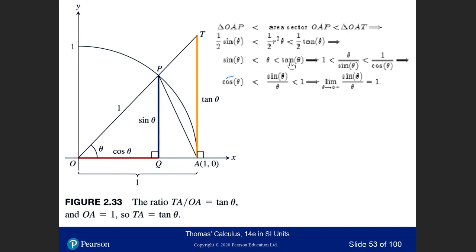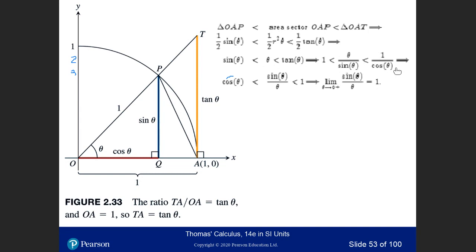Here r is 1, so r squared is 1. Now I can divide everything by sine theta. So we have 1, theta over sine theta, and for the tangent, sine theta cancels, leaving 1 over cosine theta. That's the inequality we have here.